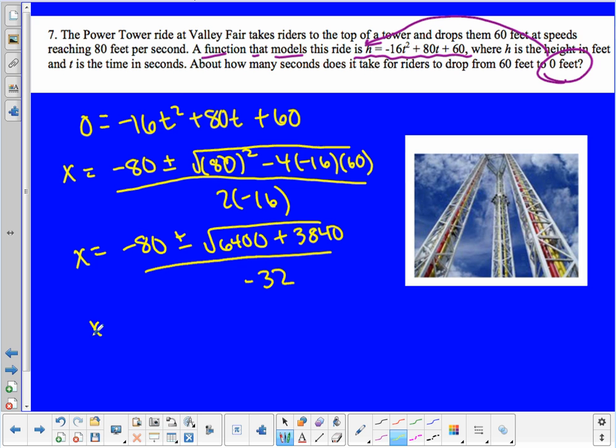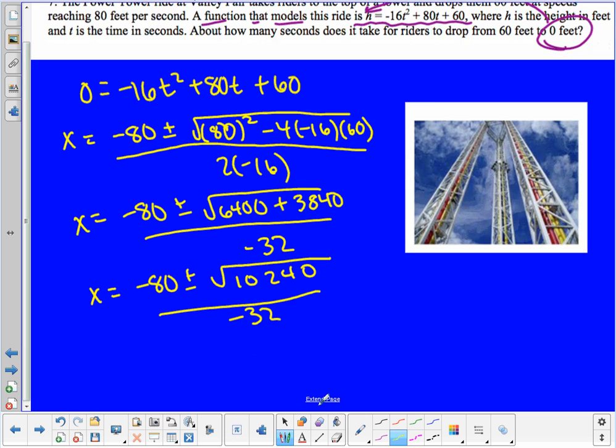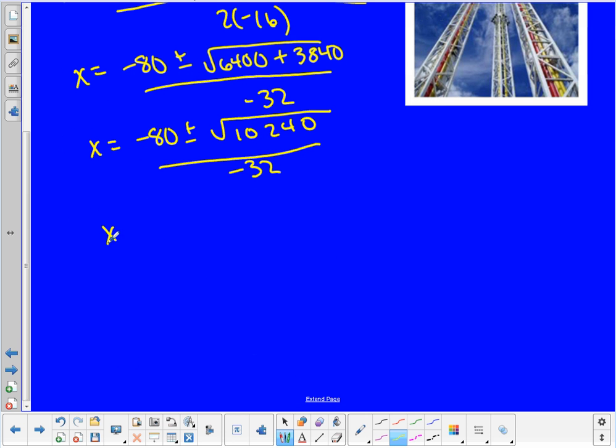That's x equals negative 80 plus or minus the square root of 10,240, all over negative 32. When I plug the square root of 10,240 into my calculator, I end up with negative 80 plus or minus 101.2.